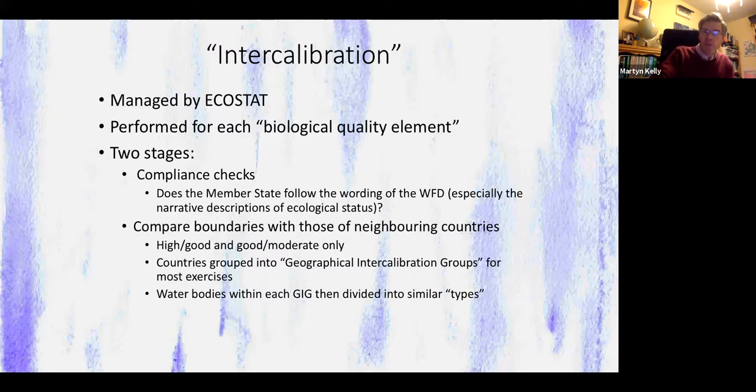But it was also in the Alpine GIG, where they were looking at mountain streams, and also in the Mediterranean GIG. So you can see by the time lots of countries have been placed in 2 or 3 GIGs, you end up with a web stretching across Europe where everybody's checking themselves against 2 or 3 other groups.